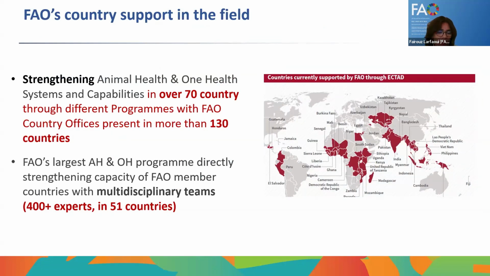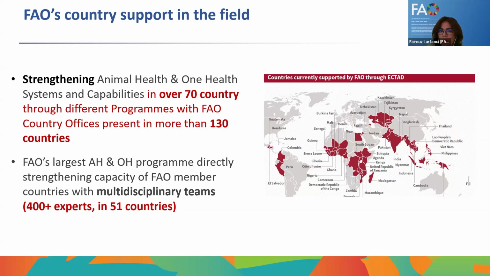These cover over 70 countries, and we have FAO offices present in 130 countries, with experts also allocated at country level and in some regional offices.